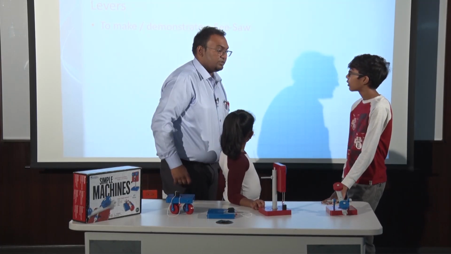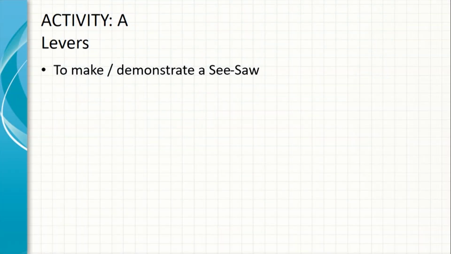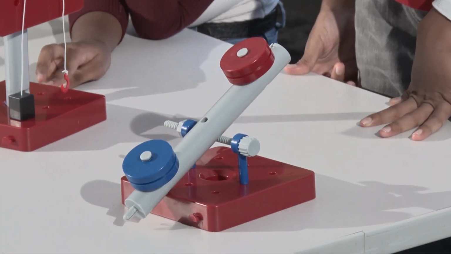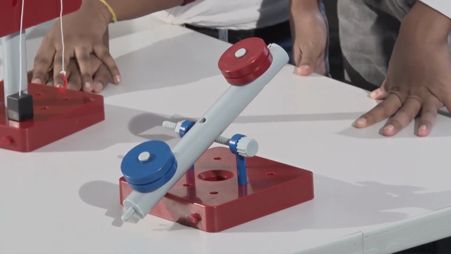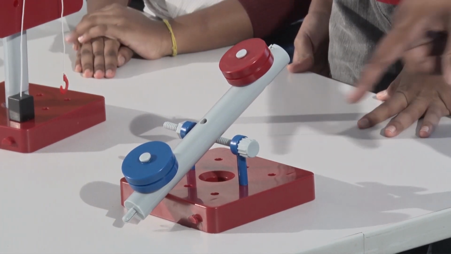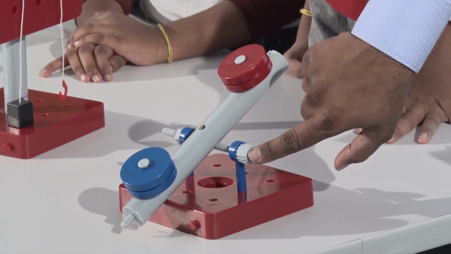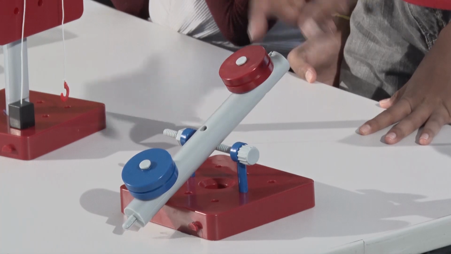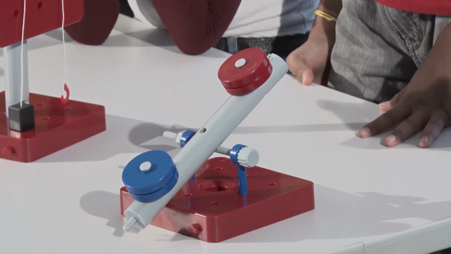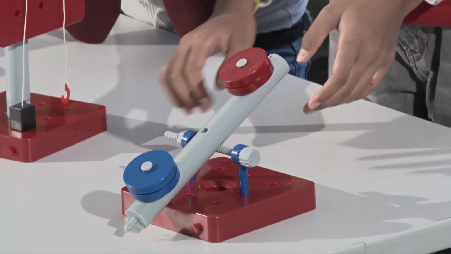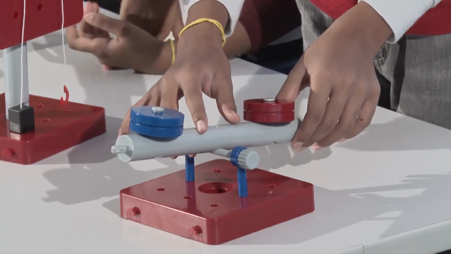The lever system. So here we have our simple lever system, which is like a seesaw. We have our rigid bar and our pivot in the middle and our load and effort. So Aryan, could you show us how?